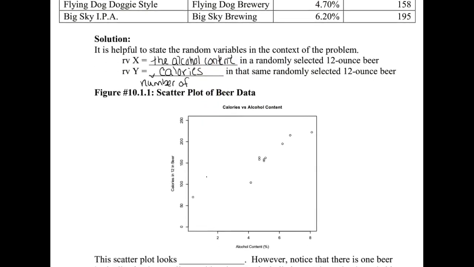If we make our scatter plot, here we've got our title, and down here our alcohol content is our random variable x, and our random variable y is the number of calories in that beer. We've got several data points, but then we have this data point over here that's off by itself, where the alcohol content percentage is almost nothing.